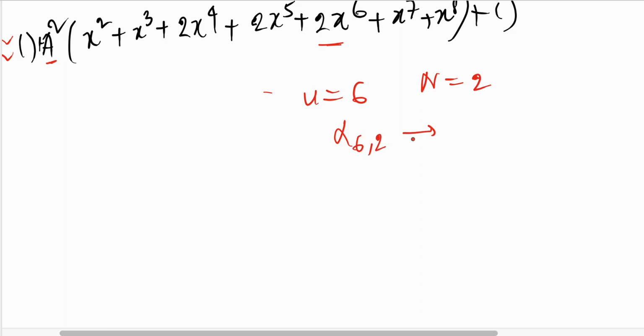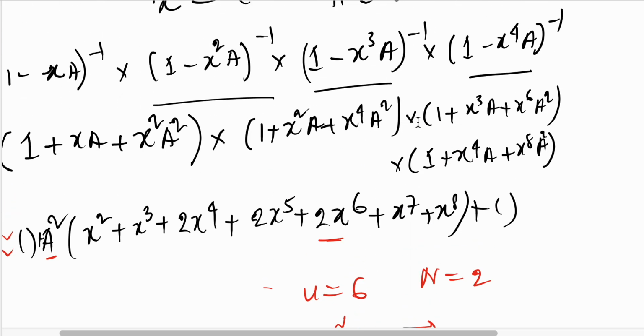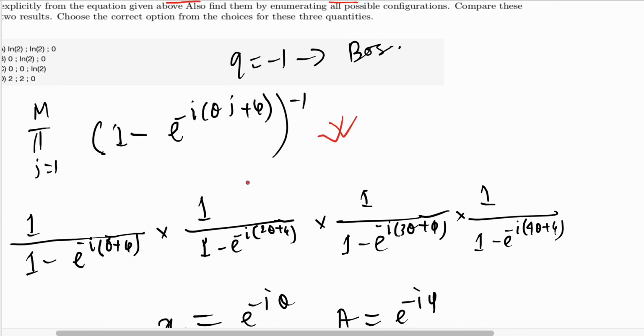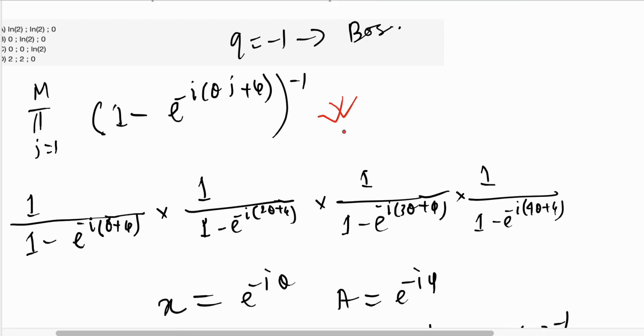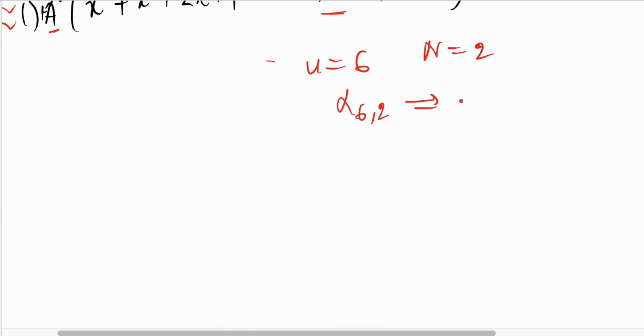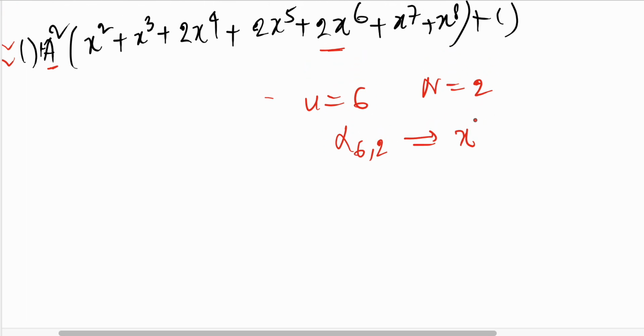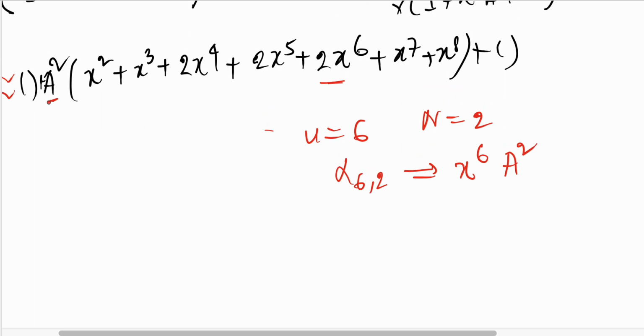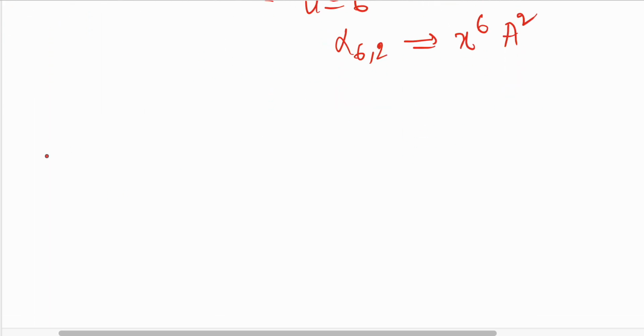If I expand these things in terms of e to the power i theta and i phi, I have to keep only the coefficient of x to the power 6 and a square. What is that? It is 2. That means my e to the power S(u,n) is nothing but 2. It is exactly equal, not approximate, right? That means my entropy is equal to ln2.